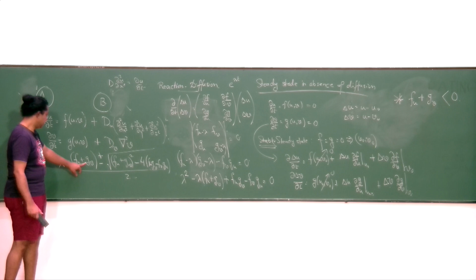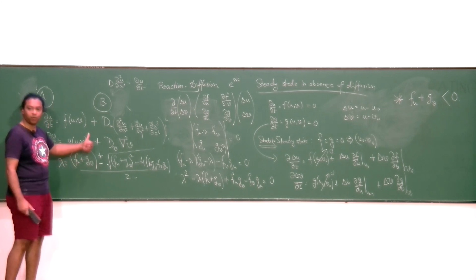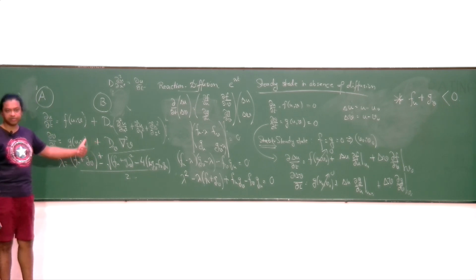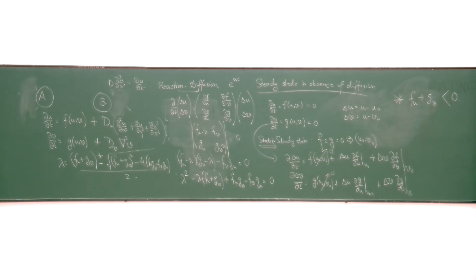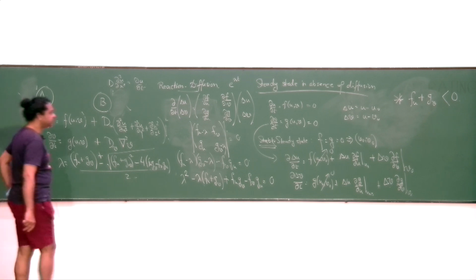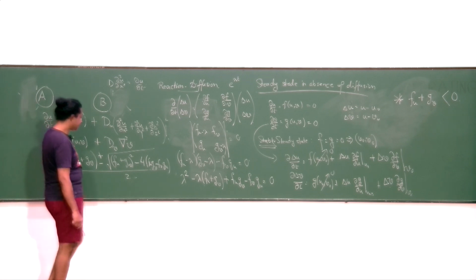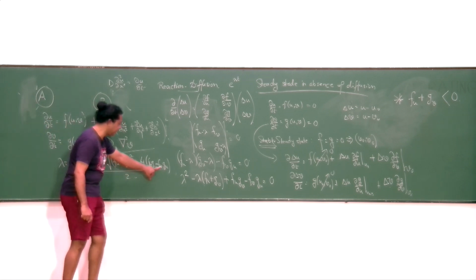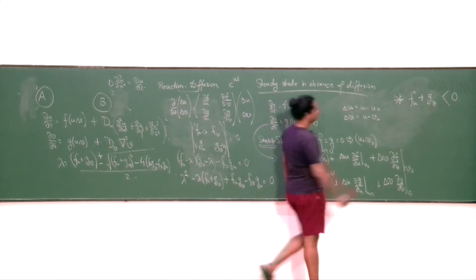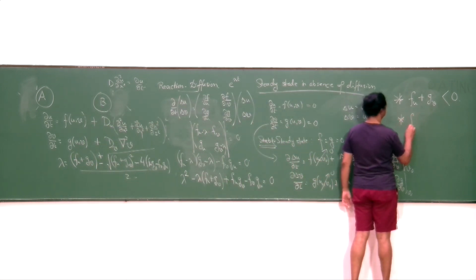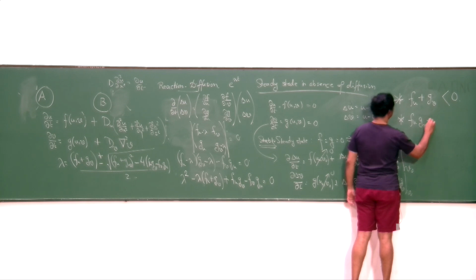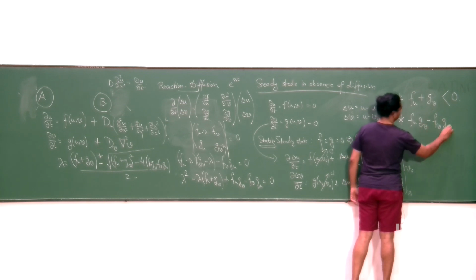Then this thing would admit one positive root. Is this clear? Yes. So therefore, the additional condition, the second condition, is that this determinant Fu Gv minus Fv Gu needs to be positive. So Fu Gv minus Fv Gu.